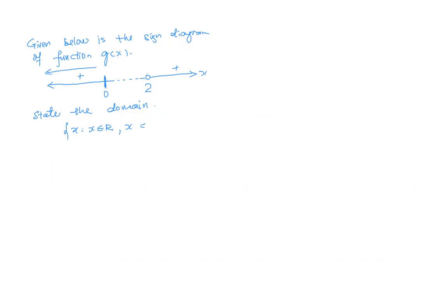Less than, because this is a full line, or equal to. And if I put a dotted line here, x is less than or equal to 0, or x is greater than or equal to 2. Cannot have equal because I put a dotted line, or a circle. So all that you must remember, please.